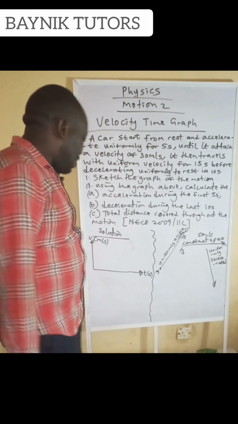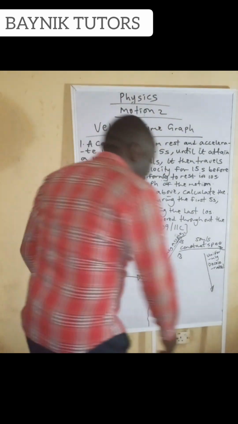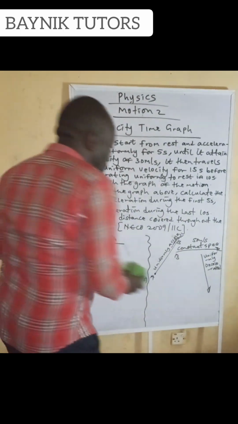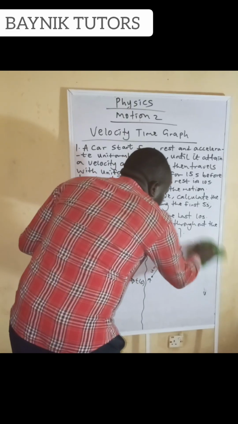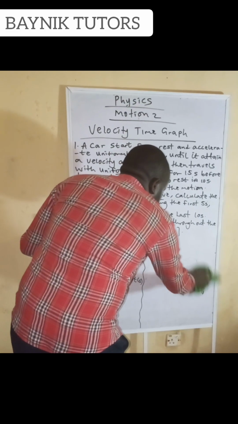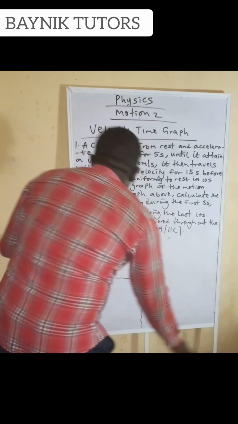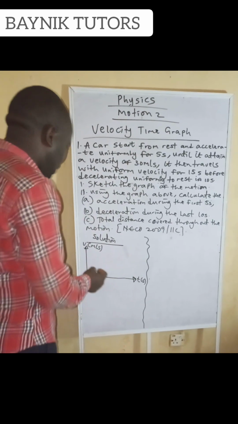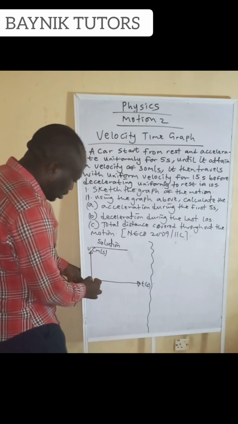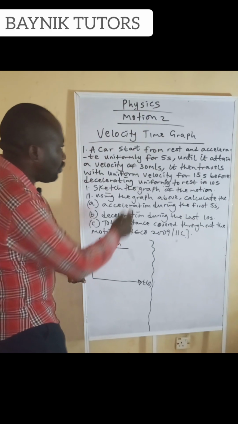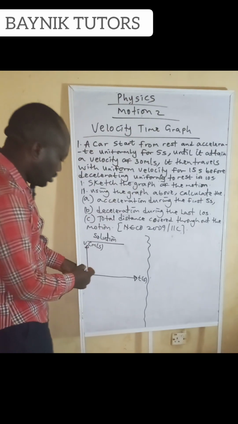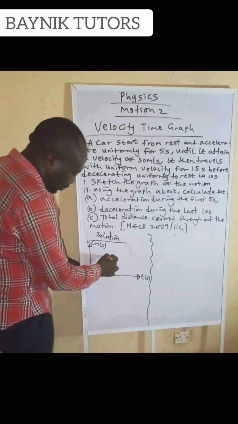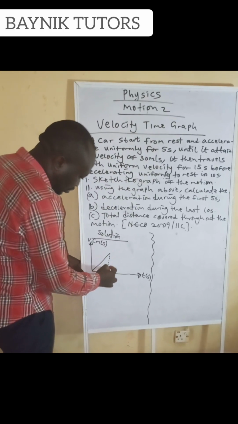So let's dive into the main work. We have to take note of these three stages. If we have a velocity time graph, a car starts from rest, accelerating uniformly for 5 seconds until it attains a velocity of 30 meters per second. Here it will go up like this, the first stage, for 5 seconds.